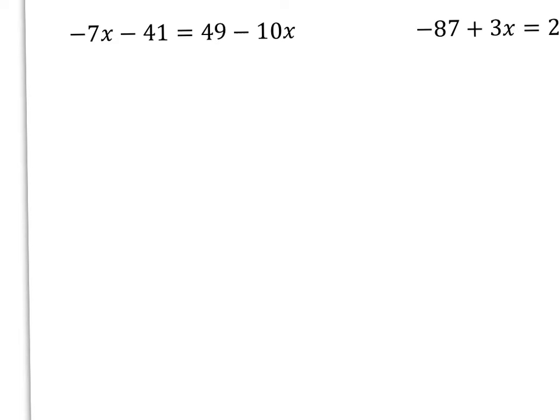Okay, let's continue on. I am going to move my variables again over to the left-hand side, and it really doesn't matter what side I put them on as long as the variables are on one side and the numbers are on the other, but I like to put them on the left-hand side. So I'll add 10x. Negative 7 plus 10 is positive 3x.